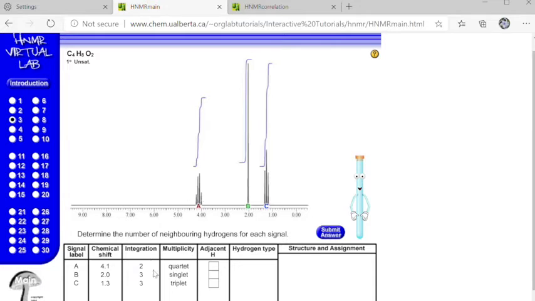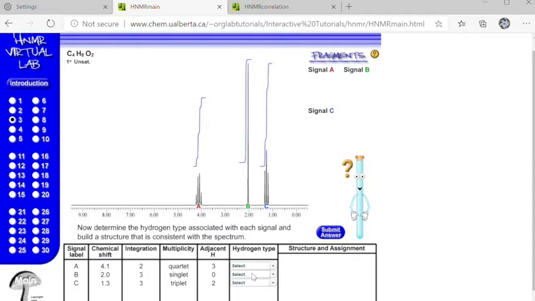So basically, you're going to take your quartet for the first one, subtract 1, and that's the number of adjacent hydrogens you have, how many nearest neighbors you have. So a quartet will have 1 for themselves and 3 nearest neighbors. A singlet will have no nearest neighbors because a singlet only represents itself. And then a triplet will have 2 nearest neighbors.